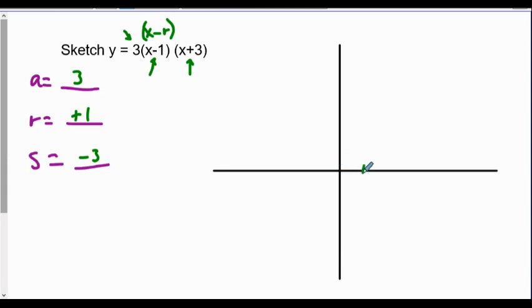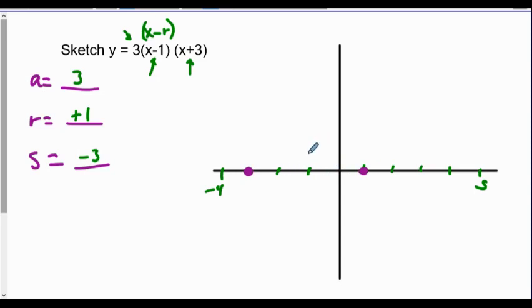So let's say 1, 2, 3, 4, 5, -1, -2, -3, -4. And where would the points be? Well, r was positive 1, so there's r right there, and s is at -3 right there. That's not so bad. There's r and s, so I've got 2 points.